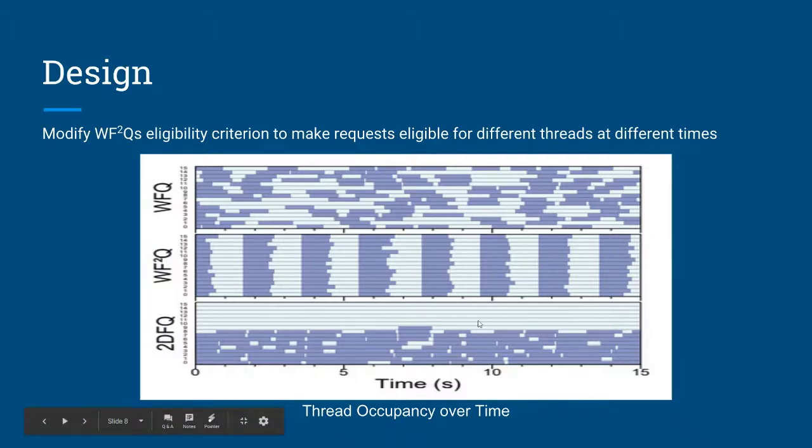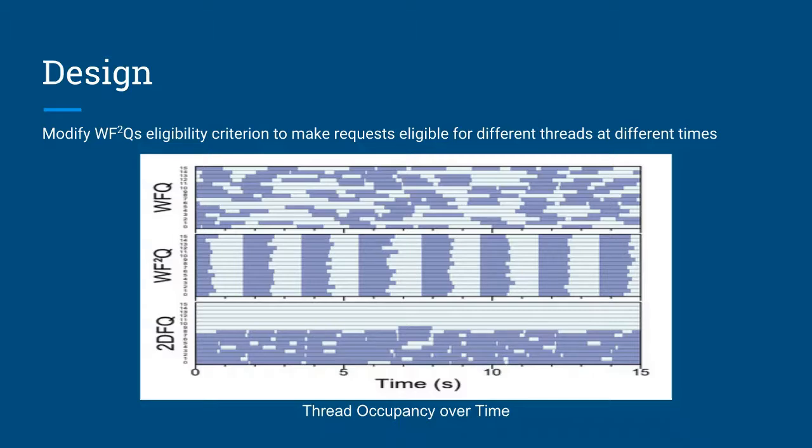And in order to make it spaced out like this, you need to change the way that requests become eligible inside these different threads. So what 2DFQ really is, it's a modification to WF squared Q that changes the eligibility criterion to make it so that things move around to different threads.